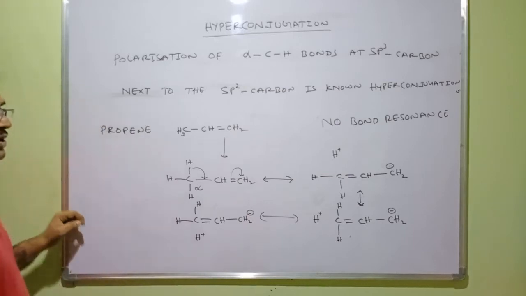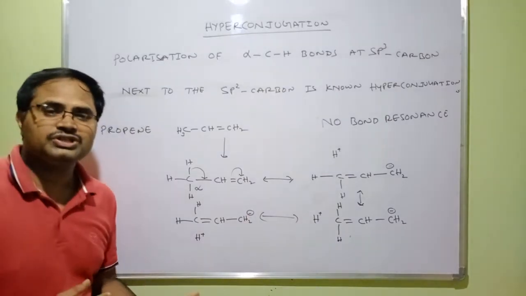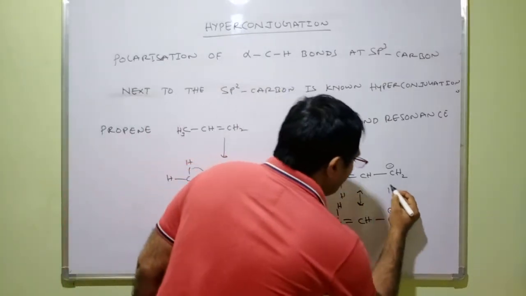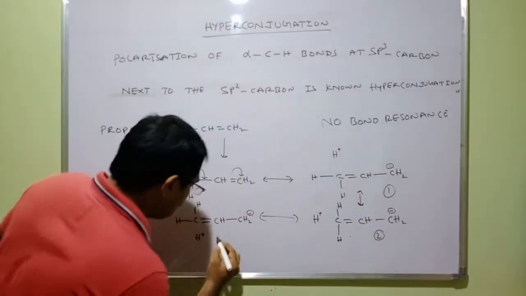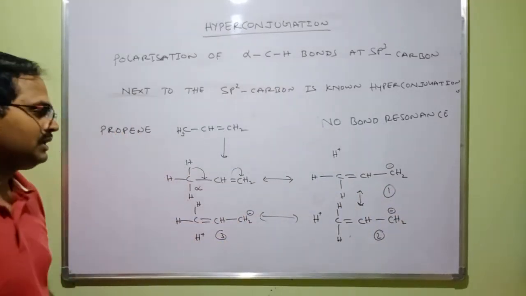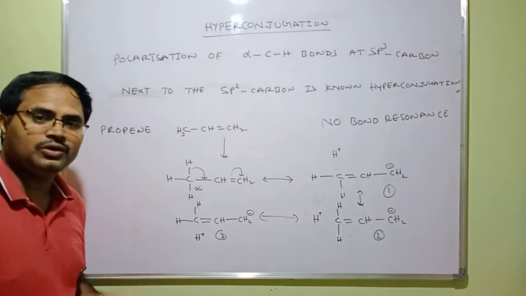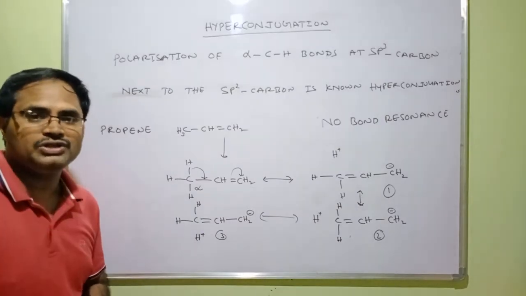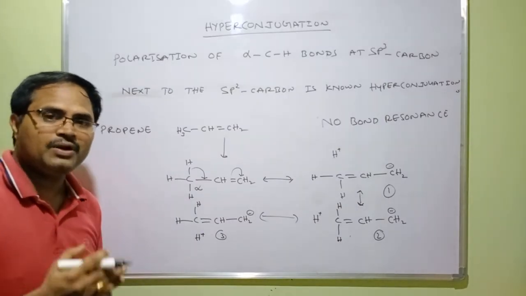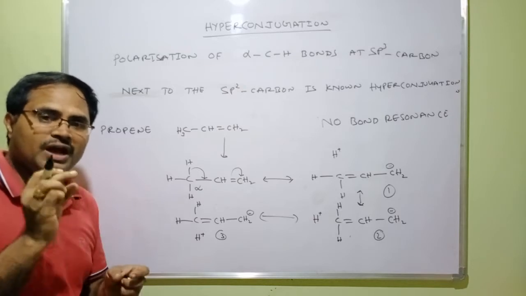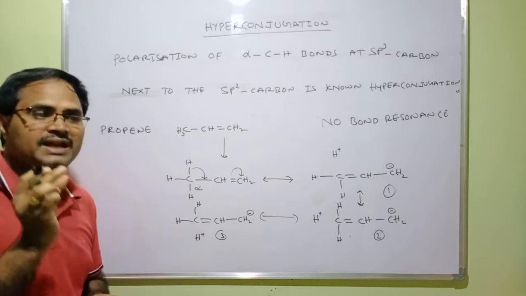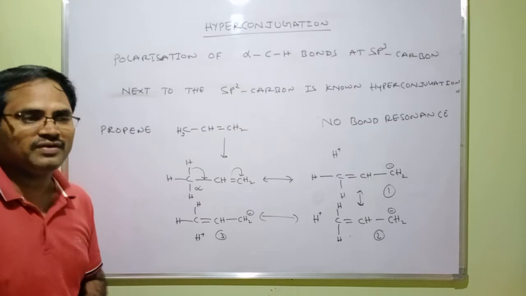So how many hyperconjugated structures did we get? 1, 2, 3. So for the propene molecule, we got 3 hyperconjugated structures. So the number of hyperconjugated structures equals the number of CH bonds present at the sp3 carbon or alpha carbon.